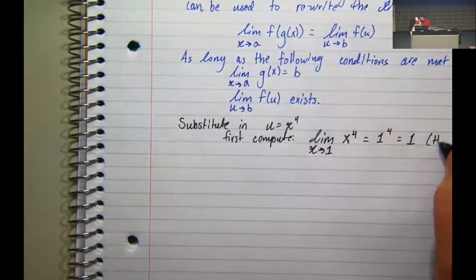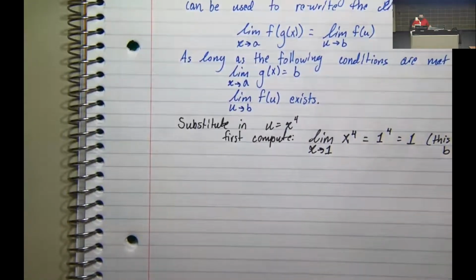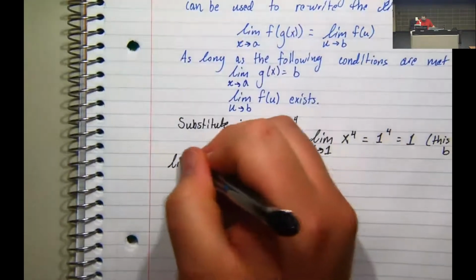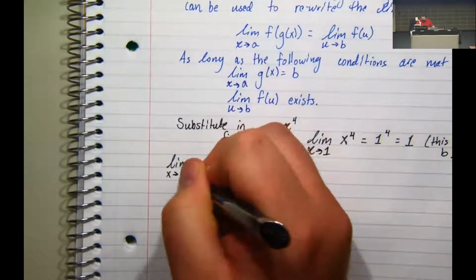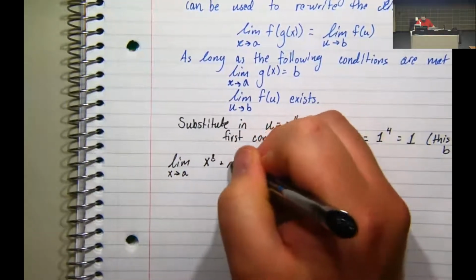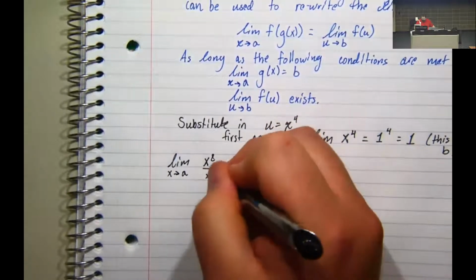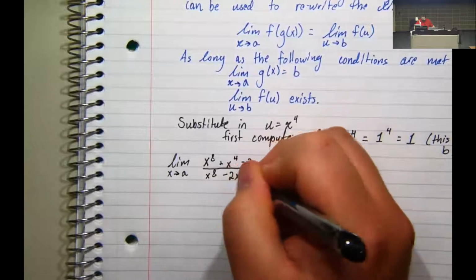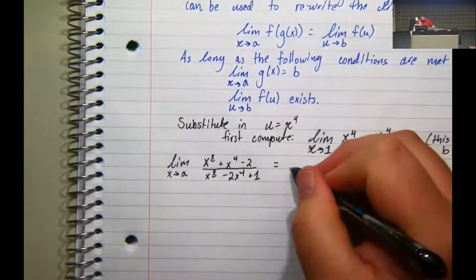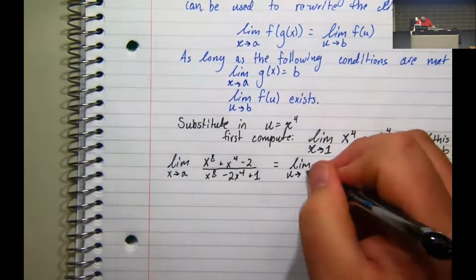So this is b. Okay, so our function up here, limit as x goes to a of x to the power of 8 plus x to the power of 4 minus 2 over x to the power of 8 minus 2x to the power of 4 plus 1 is equal to the limit as u goes to 1.